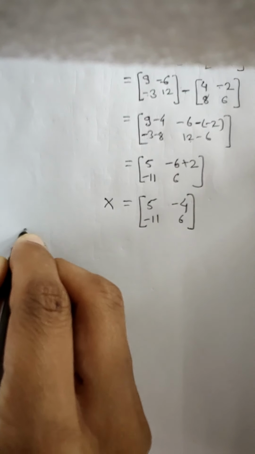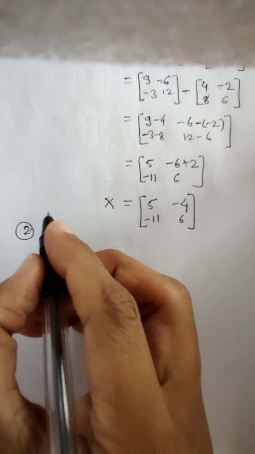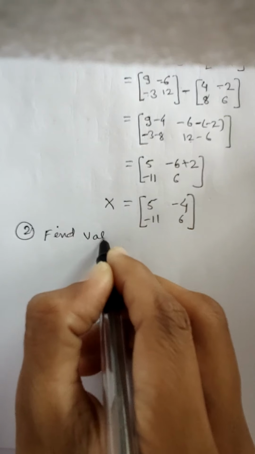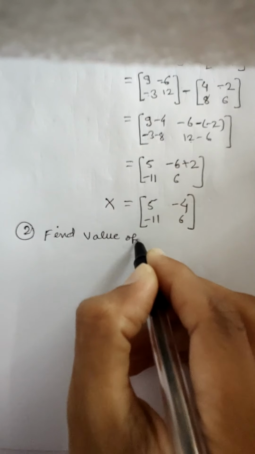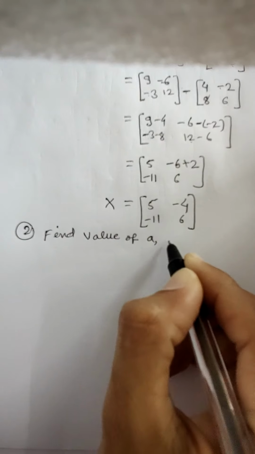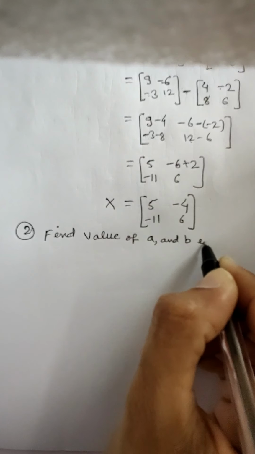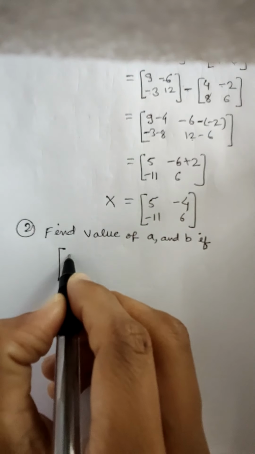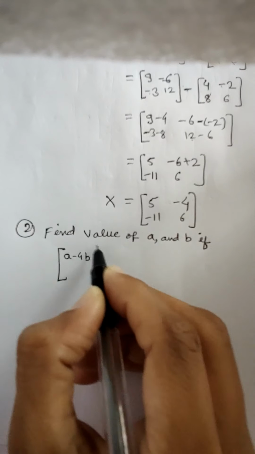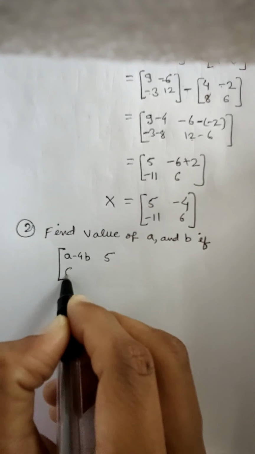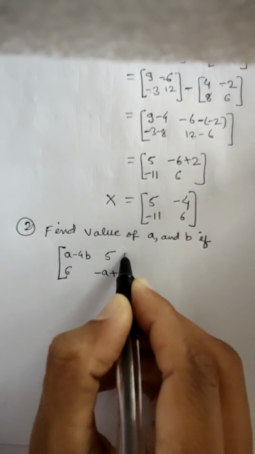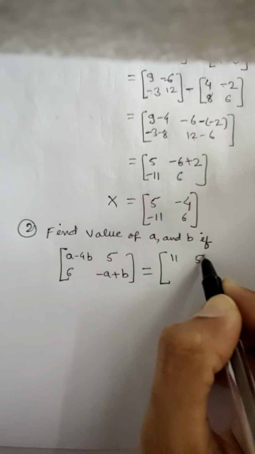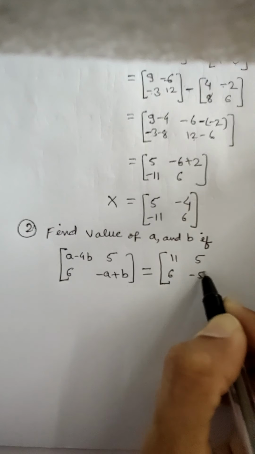The second example that I am taking is: find the values of A and B if A - 4B = [5, 6] and -A + B = [11, 5; 6, -5].